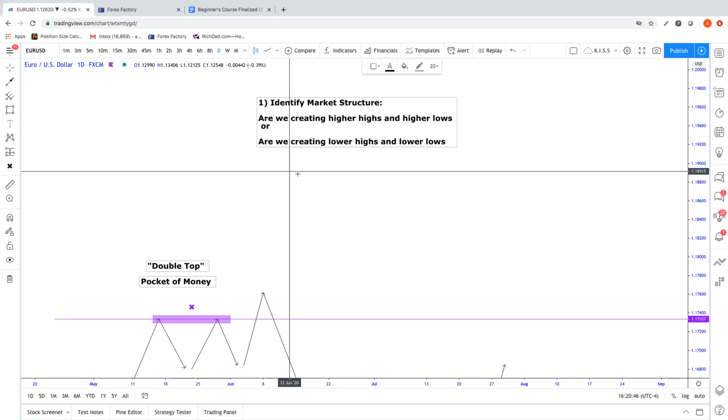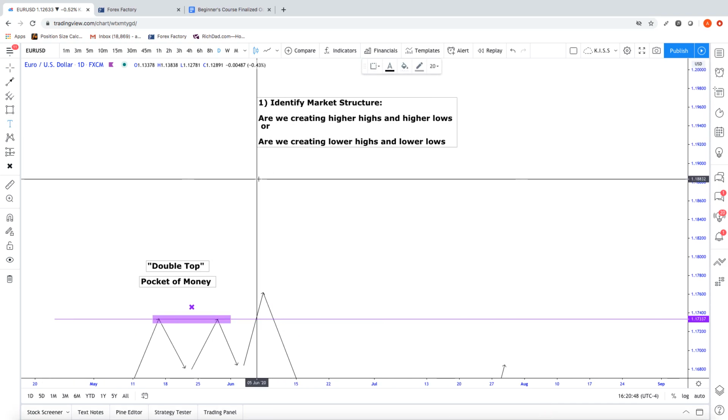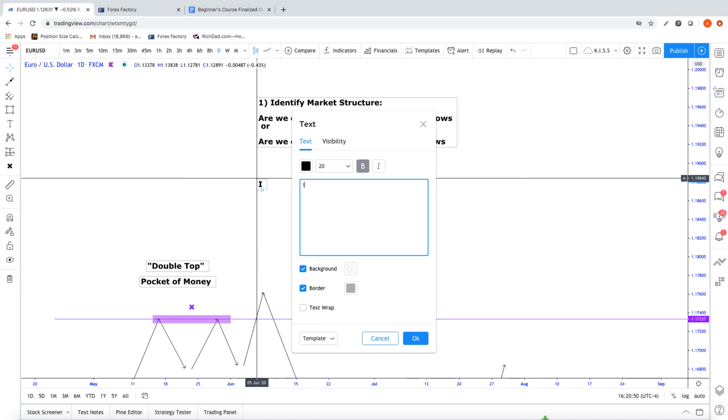The very second thing that you do then is identify where is the money. Where are my pockets of money? Where are my equal highs and my equal lows?